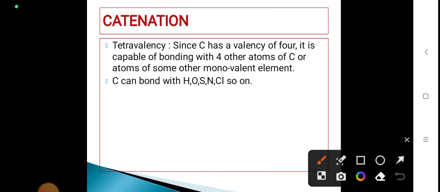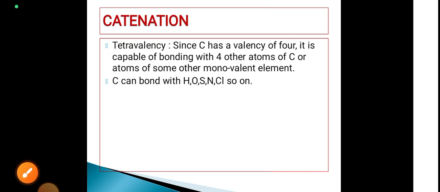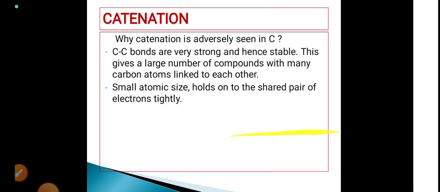Silicon also undergoes catenation, but only to a maximum extent of 4 to 8 silicon atoms can bind. That's because, as I already mentioned, silicon has a larger atomic size. But when we talk about carbon, the size of the atom is extremely small, and that's the reason why it can have self-linking to a very large extent. So it can go up to 40, 50 carbon atoms that can be self-linked. So this is the answer.